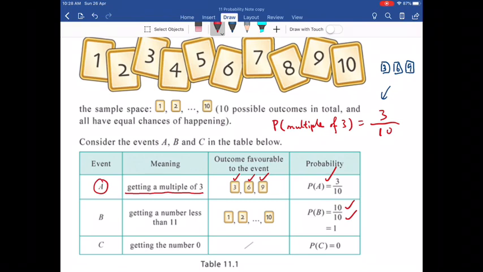Therefore, the probability of getting a number less than 11 is 1. And C is getting the number 0. You see that there is no number 0, so the number of outcomes favorable to the event is nothing. So the probability is 0 over 10, which is 0.